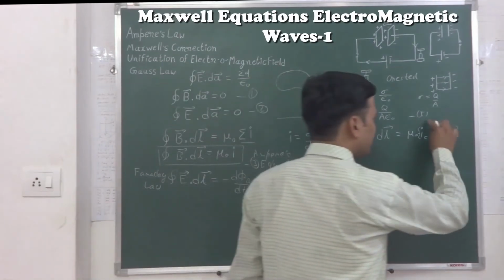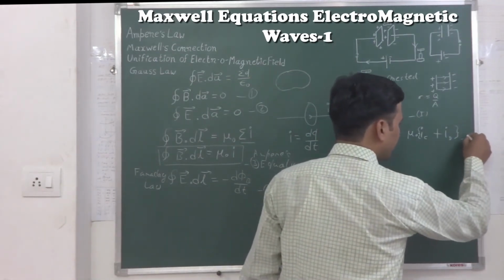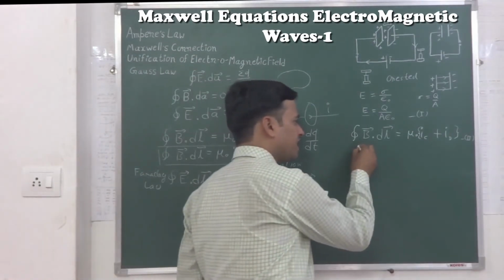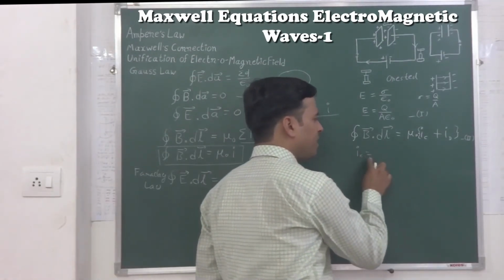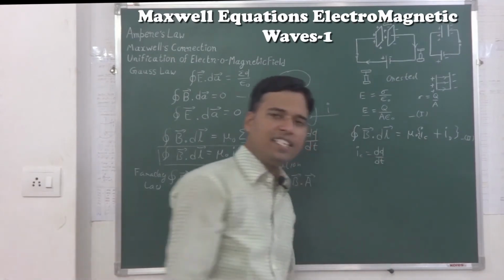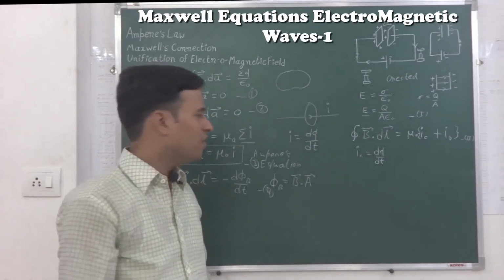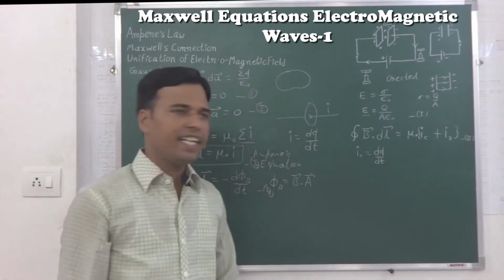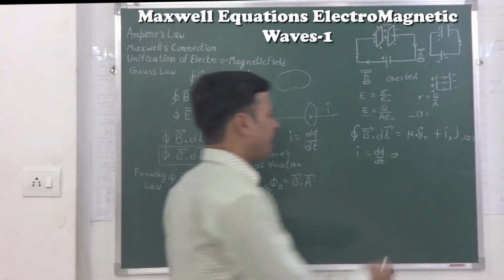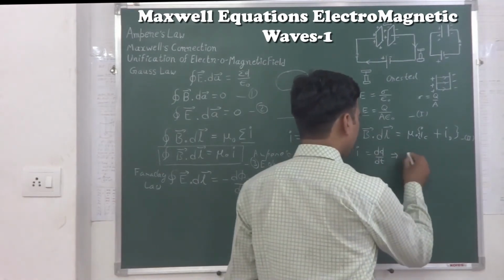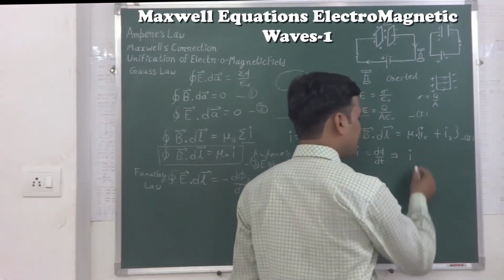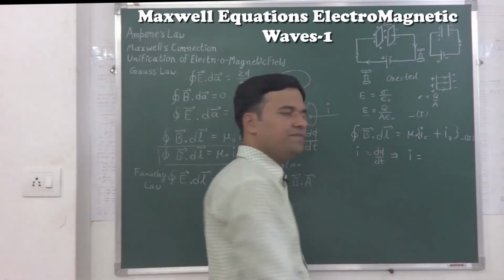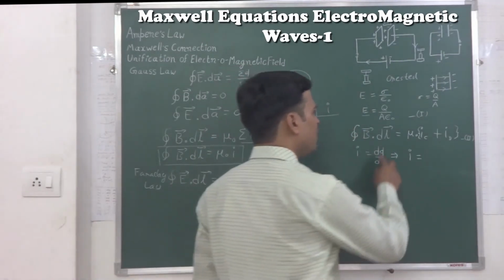Now dear students, write it as equation second. The electric current, which is conduction current, is given by rate of change in charge from a cross section. We can write it as I, current, will be equal to change in charge.